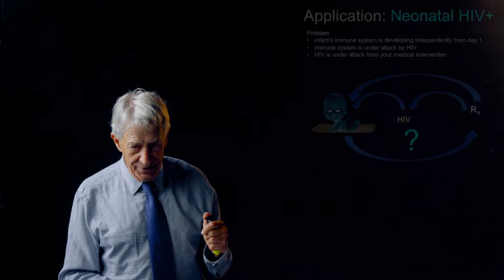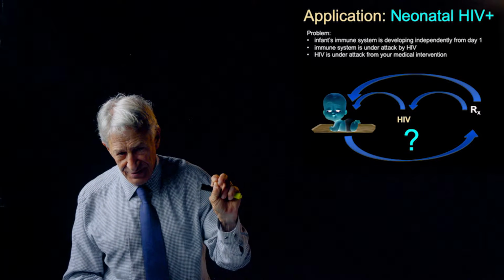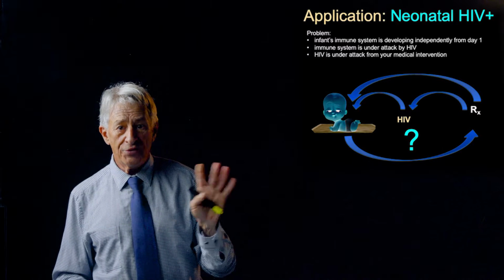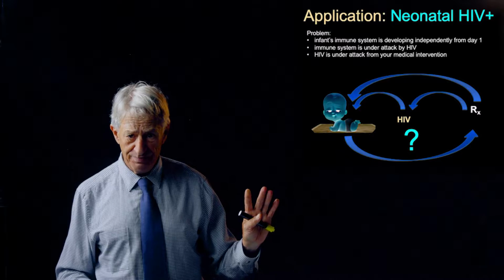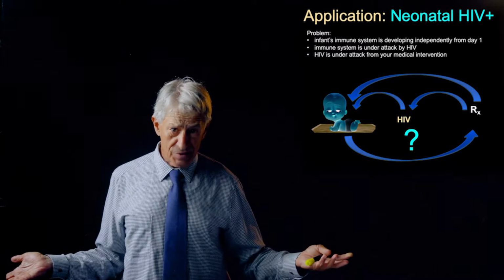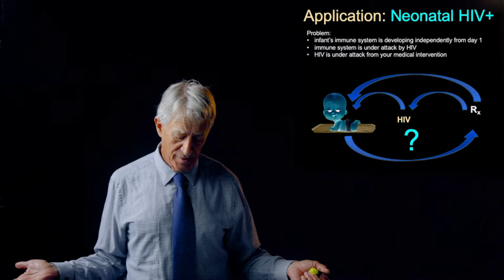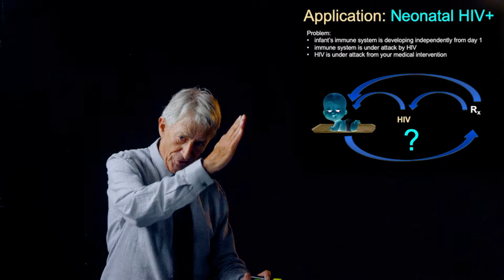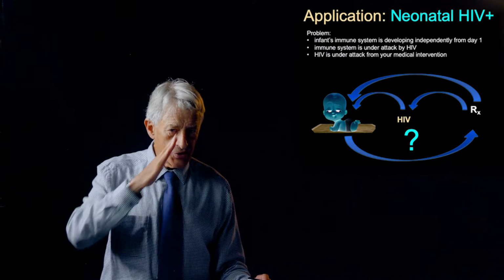And now you're in an interesting situation illustrated by this cartoon, which is the infant is born on day 0 with no immune system. You begin to acquire antibodies as you begin to get exposed to the environment. So the infant is born, and directly the infant starts developing its immune system.